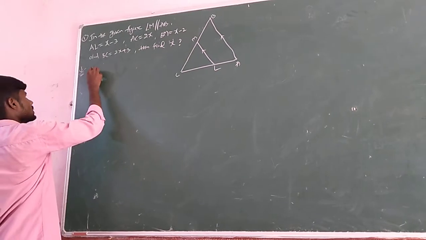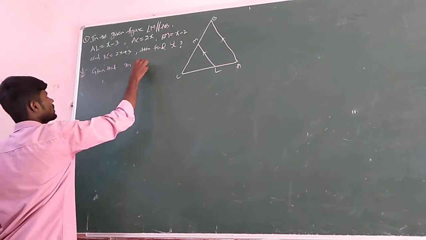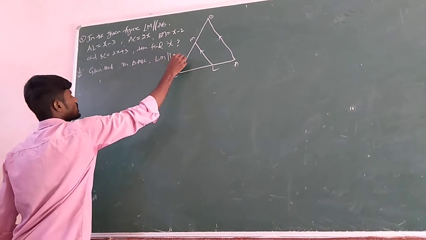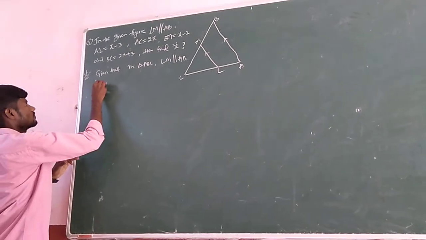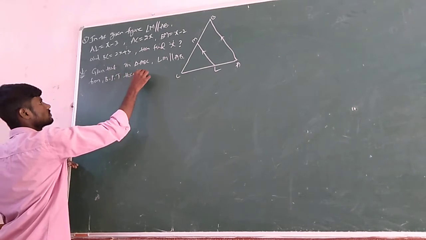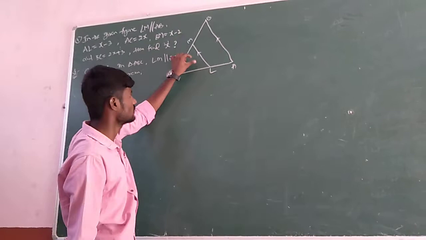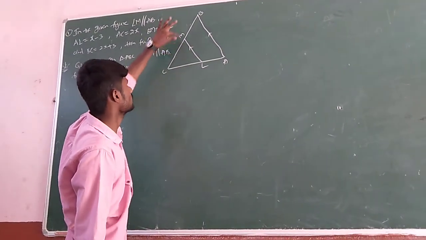So let us write that. Given that in triangle ABC, LM is parallel to AB. From the DPT theorem or Thales theorem, what is the theorem statement? If a line parallel to any side divides the other sides at distinct points, then those two sides are divided in the same ratio.